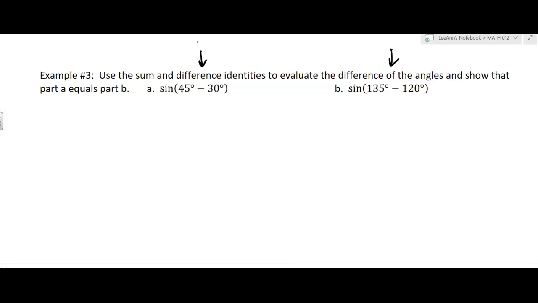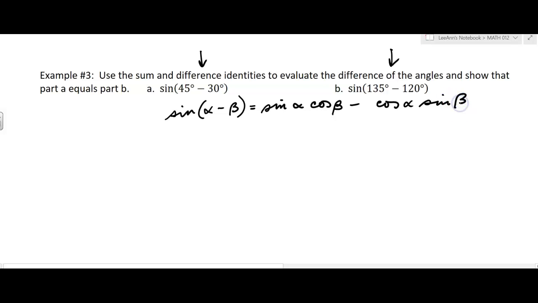So let's see. I can write it. Sine alpha minus beta, even though we just had that. Sine alpha cosine beta minus cosine alpha sine beta. Okay. So now part A. Alpha is going to be 45 degrees, and beta is 30 degrees.